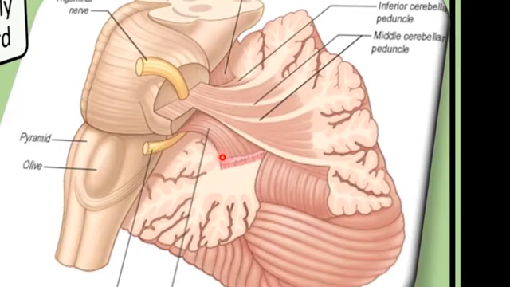So we can see a little of the inferior cerebellar peduncle, middle cerebellar peduncle, and a little of the superior cerebellar peduncle here. Now the third connection is to the spinal cord distally, and the connection to the spinal cord is through the medulla. So the medulla continues distally as the spinal cord.